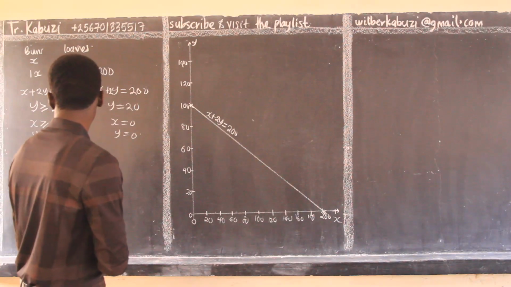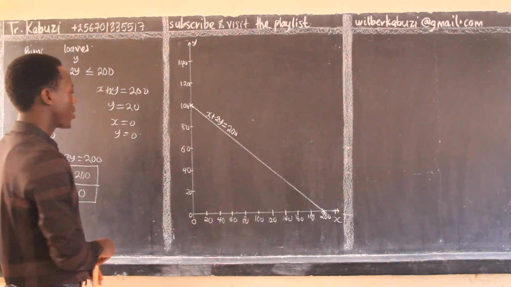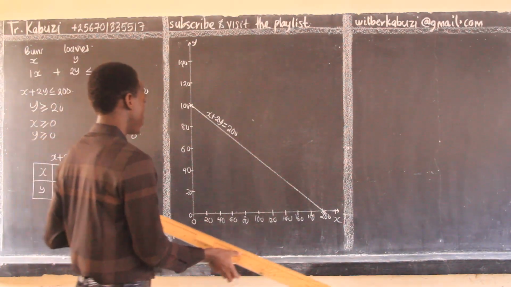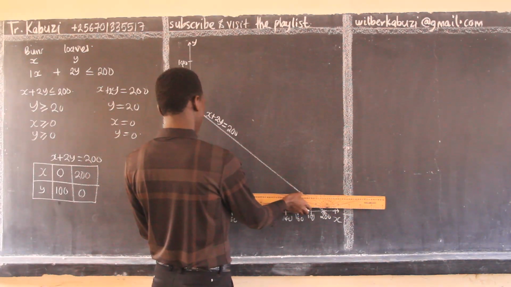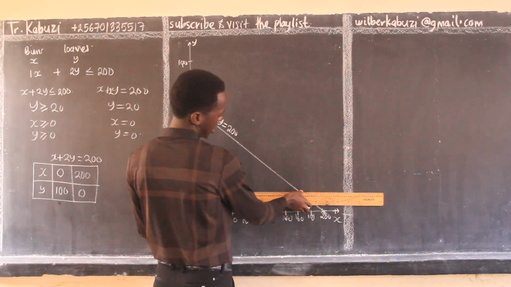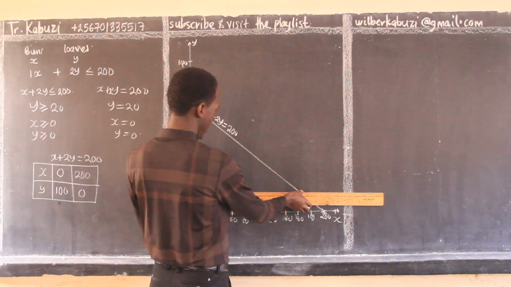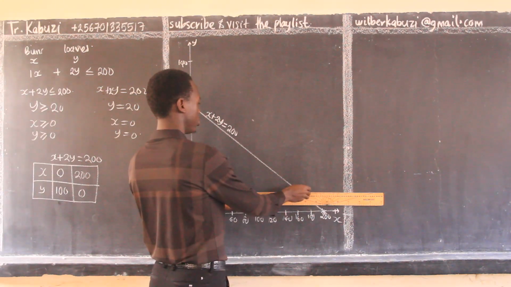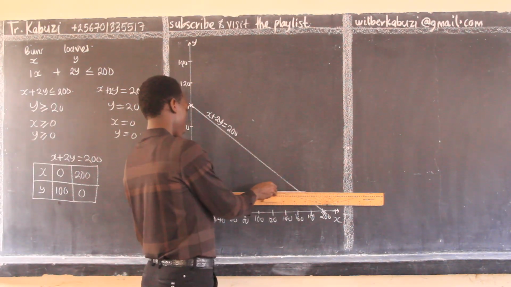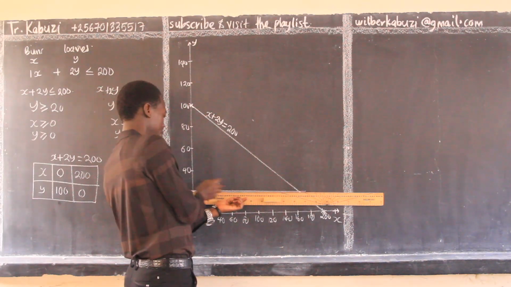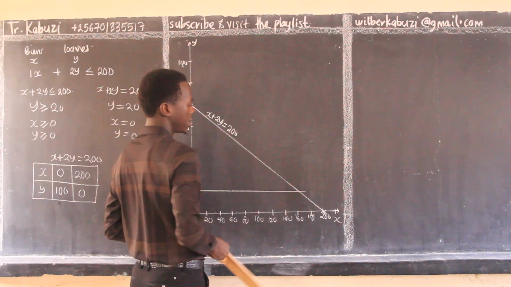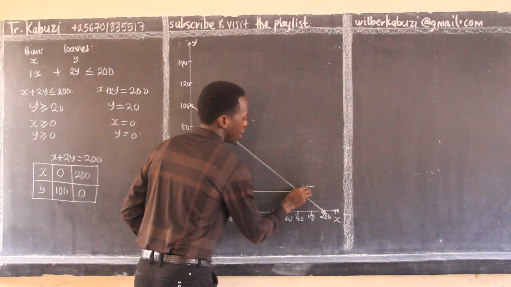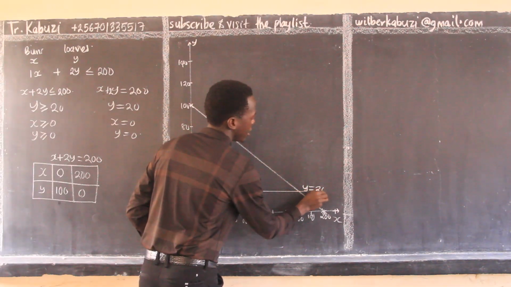As simple as that. Then I come to Y equals 20. It's that horizontal line, very easy to sketch, and you also label it: this is my Y equals 20.